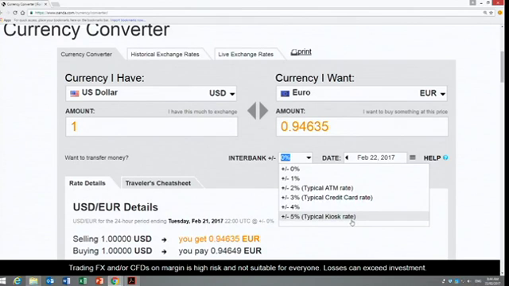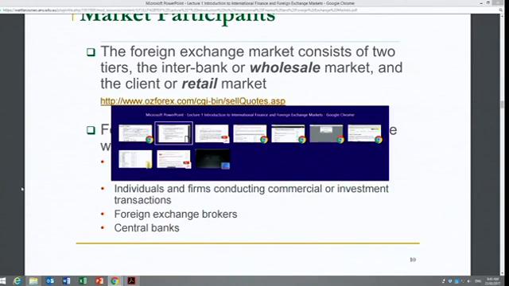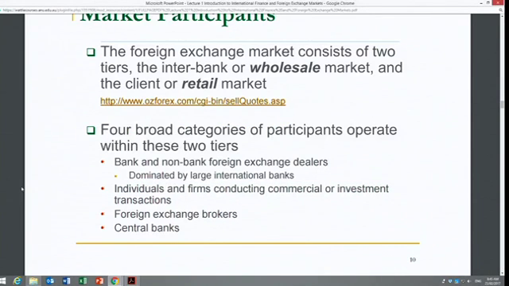And these are the typical kiosk rates. The typical kiosk rates would be a bigger percentage on top of the interbank rate. So those tend to be the most expensive ones. Okay, so that is it in terms of the retail market and how it differs in terms of its rates from the interbank or wholesale market.